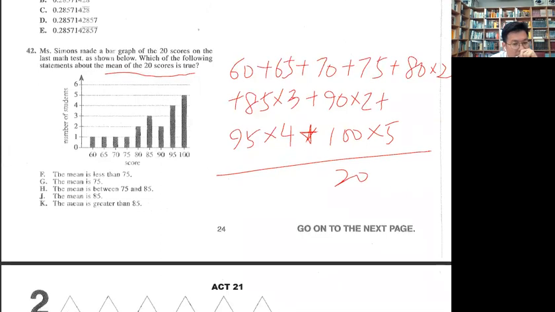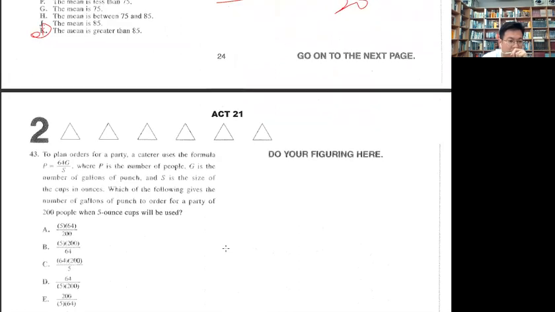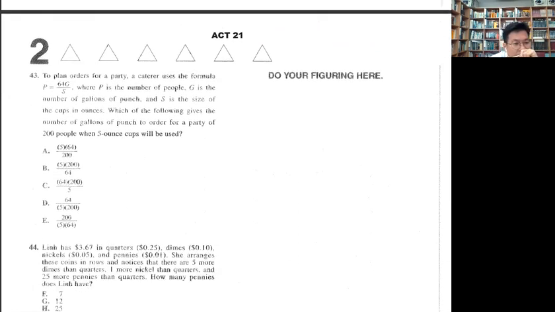Is basically greater than this Social Security. Which of the following gives number of gallons of punch to order for the party of 5-ounce cup will be. Okay, 5-ounce cup. How many cups? So we have 200 people coming, so 200 cups.